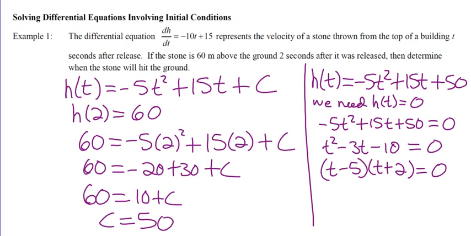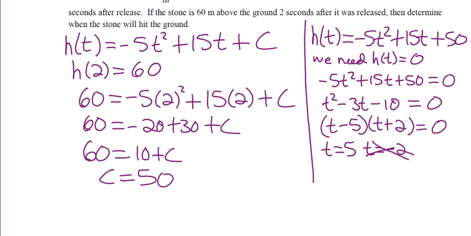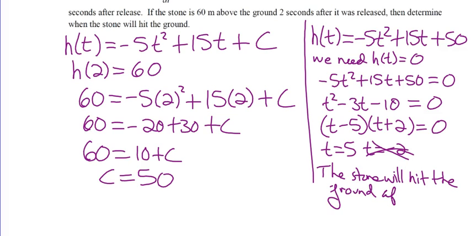So we have two solutions, but what do we do with one of them? We reject the negative. And we say the stone will hit the ground after 5 seconds.